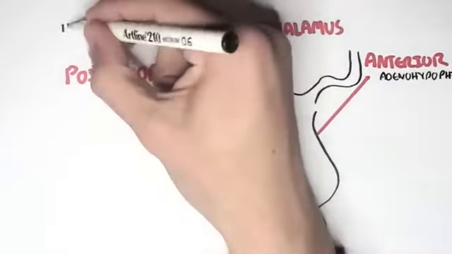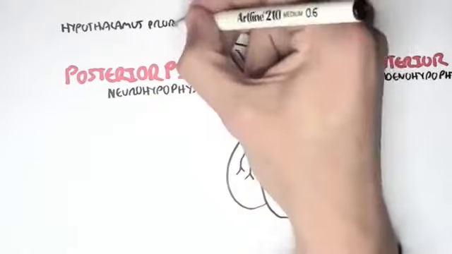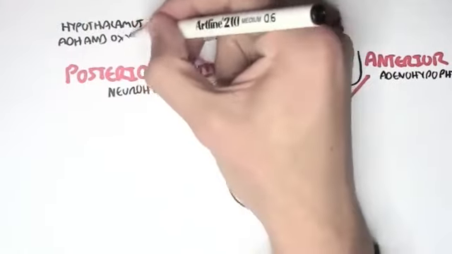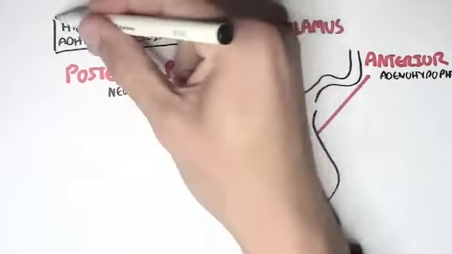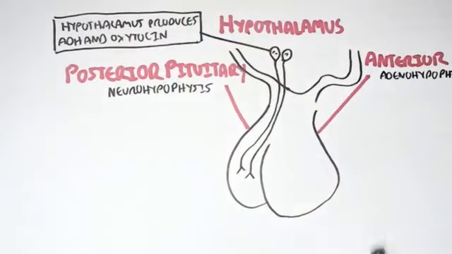Well, actually, the hypothalamus synthesizes antidiuretic hormone and oxytocin. These hormones are synthesized in neurons, and these neurons then pass the hormones on to the posterior pituitary.